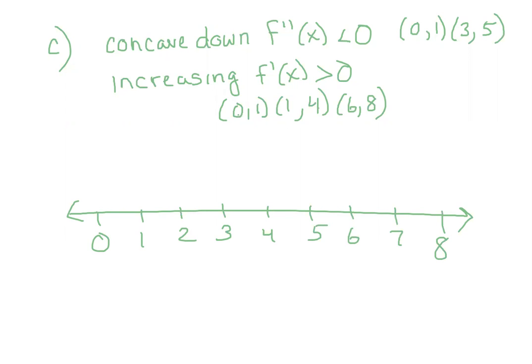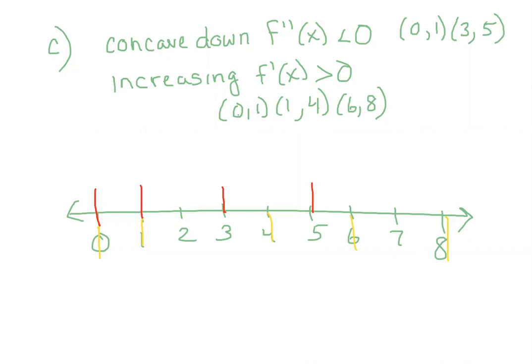All right, it's concave down from 0 to 1 and 3 to 5. It is increasing from 0 to 1, 1 to 4, and 6 to 8. So where do they overlap?